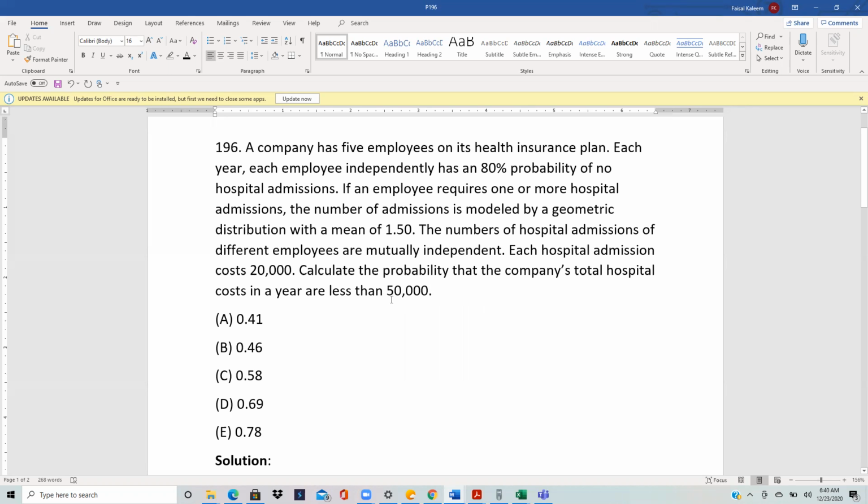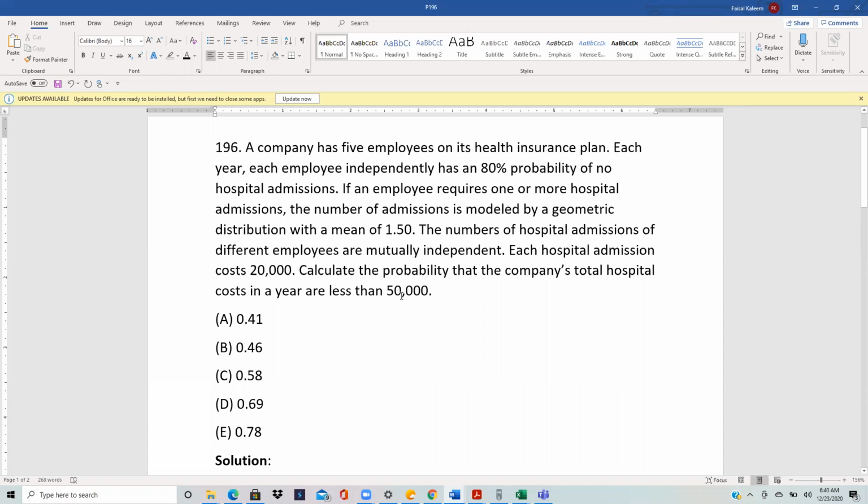So the first thing to note is that since we want the probability of total cost to be less than 50,000 and each admission is costing 20,000, what that means is that we actually want the probability of 2 or fewer admissions, because if there are 2 admissions, then the cost will be 40,000.